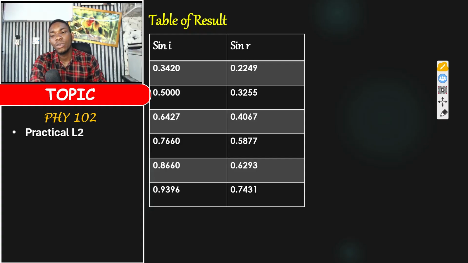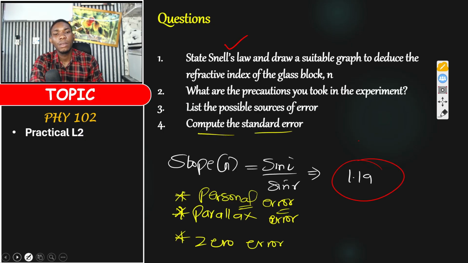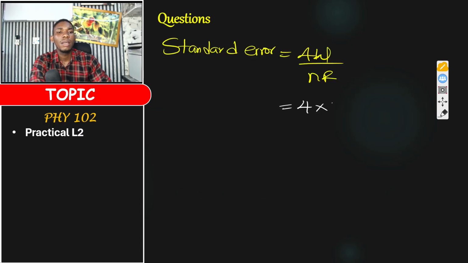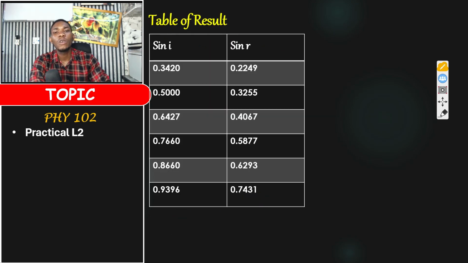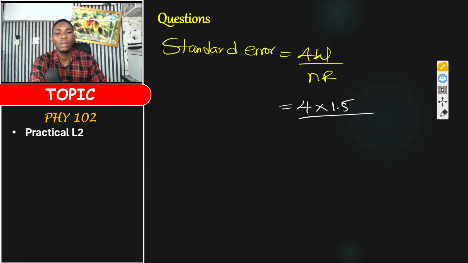All right. So the vertical scatter here is 1.5, but this is quite high, but I'm going to use it like that. So if we have the vertical scatter as 1.5, we come here and say 4 times 1.5 divided by n, where n is the number of points on your graph. You can easily get it by counting these values here, which is 1, 2, 3, 4, 5, 6. So you have 6 points in the graph.